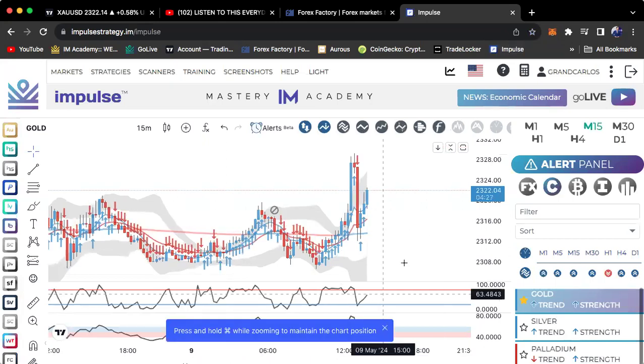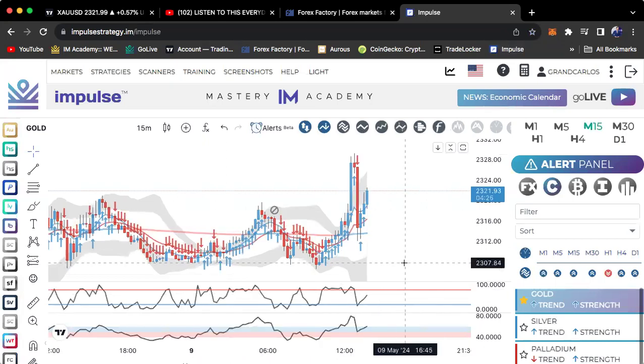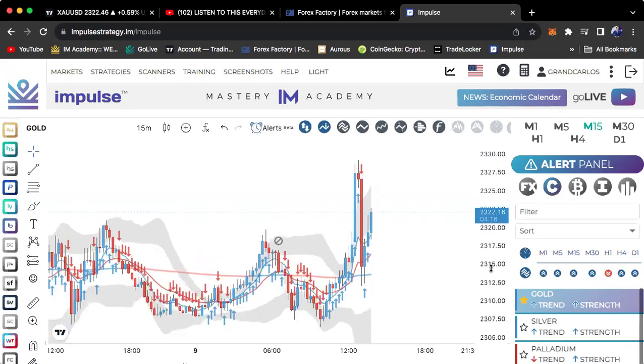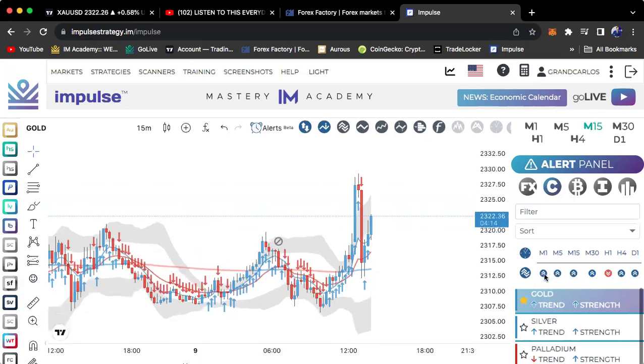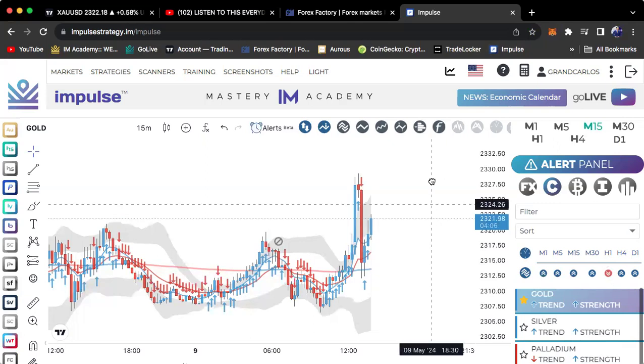So right now it's bullish. It's giving me bullish signals right now on gold. You see we have the trend, blue trend arrow, the blue strength arrow. Okay, giving me these blue micro trend arrows at the 1 minute, 5 minute, 15 minute, 30 minute. The 1 hour's giving me a red micro trend, but that's okay.